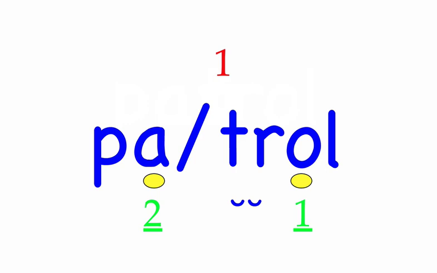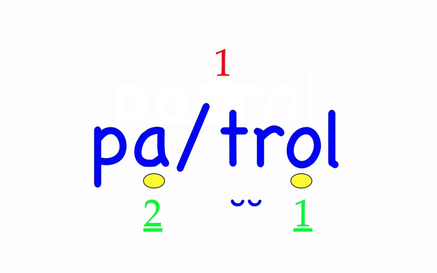It represents its short sound, pa. And in the second syllable, we have one vowel followed by a consonant. Vowel group 1 says that O should be short, but in fact it's long. Patrol. So we underline the 2 and the 1 under the vowels to indicate exceptions are occurring to both vowel group numbers.